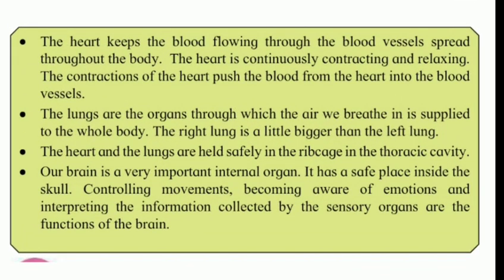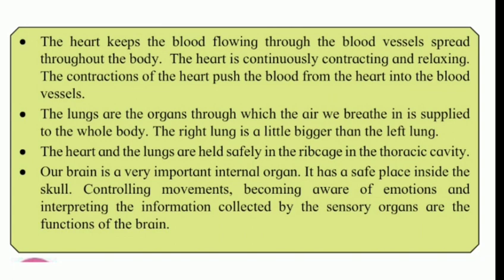The heart keeps the blood flowing through the blood vessels spread throughout the body. The heart is continuously contracting and relaxing. The contraction of the heart pushes the blood from the heart into the blood vessels. The lungs are the organs through which the air we breathe in is supplied to the whole body. The right lung is a little bigger than the left lung.